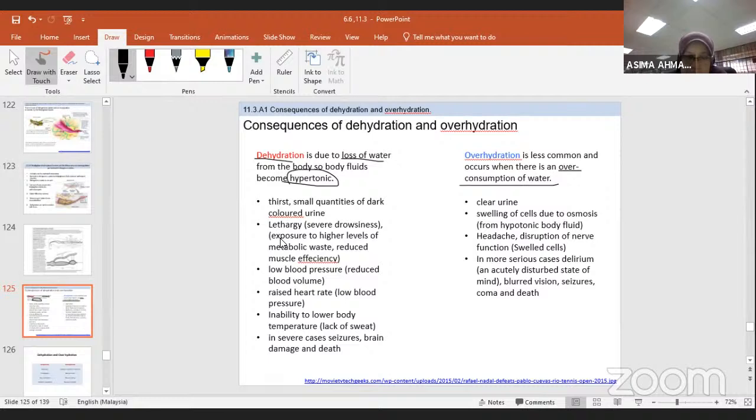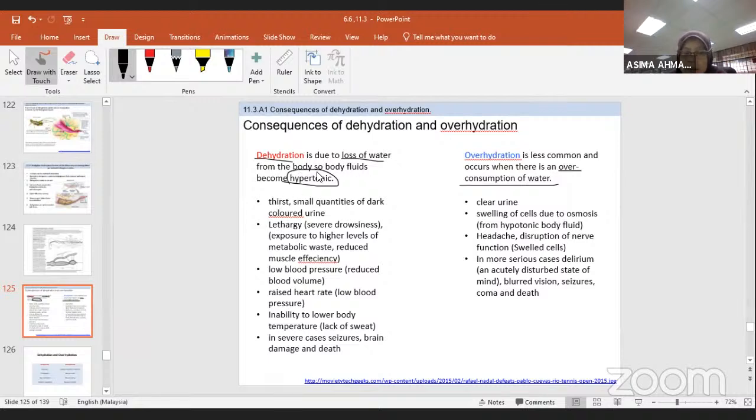And then lethargy, or severe drowsiness. So this is another consequence. Exposure to higher levels of metabolic waste, reduced muscle efficiency. This is what it means by lethargy. Why exposure? Because the person is being exposed to higher levels of metabolic waste due to the low water level in their body.